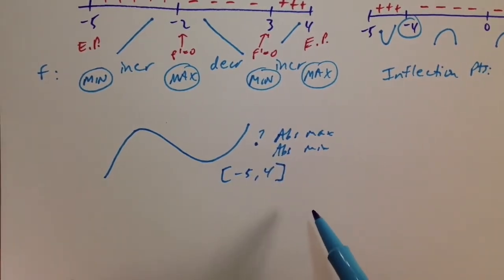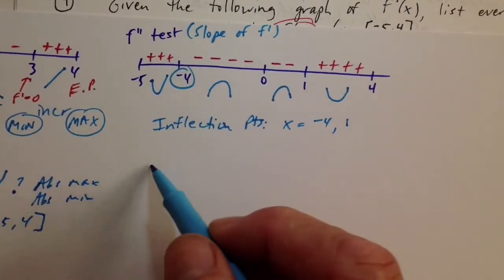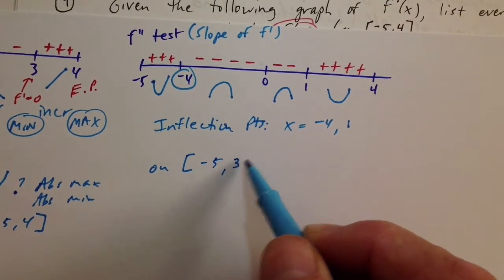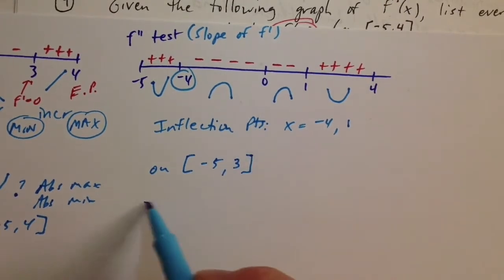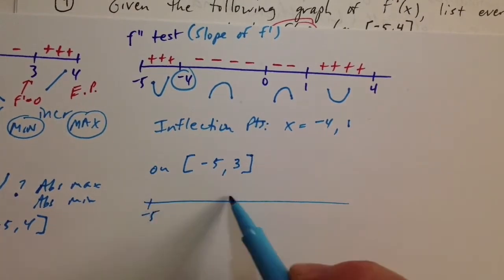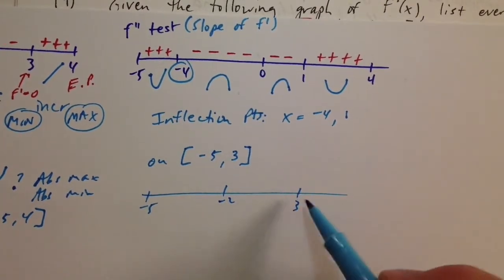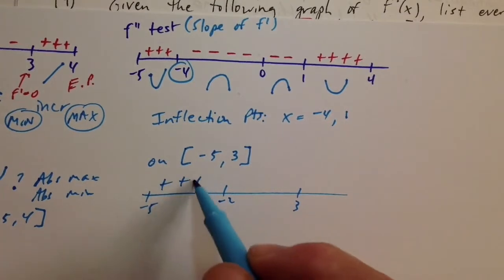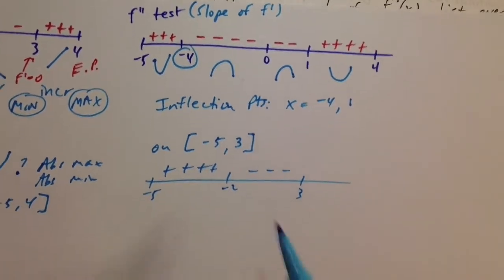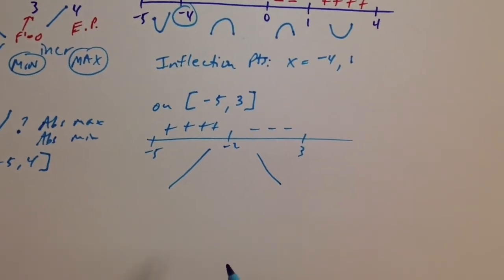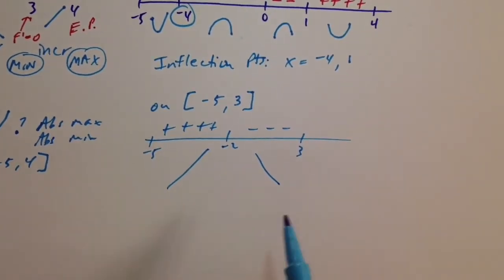However, I'm taking time on this because I put a little box over there that says on the interval from negative 5 to positive 3. Now, let's look at that. We have negative 5, negative 2, same thing we just did, to positive 3, our other endpoint. Plus, plus, plus, minus, minus, minus, plus, minus.